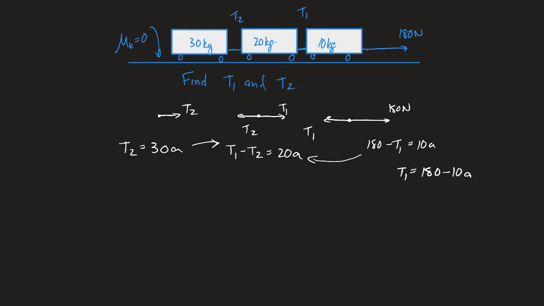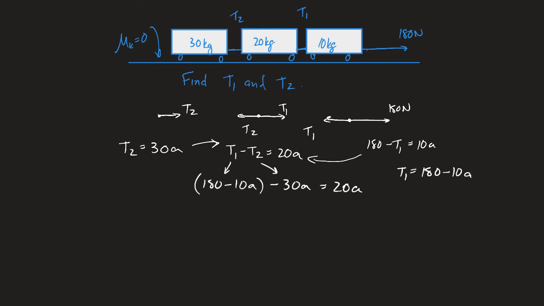I expect you guys to be able to do algebra. It might take you extra steps, that's fine. But when it comes to substitution, that's T1. That's T2. And there, all my substitution is done.